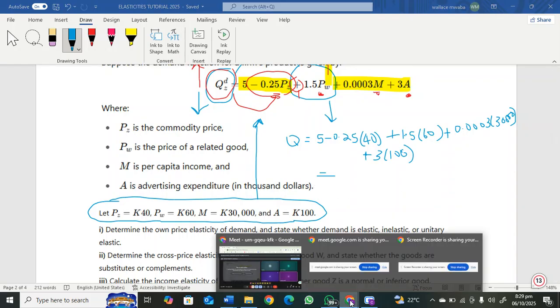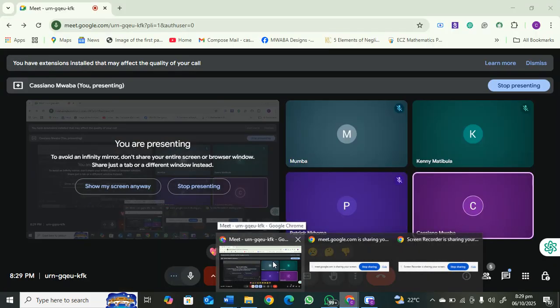Has anyone found the value now? Madam Mumba, have you found the value?